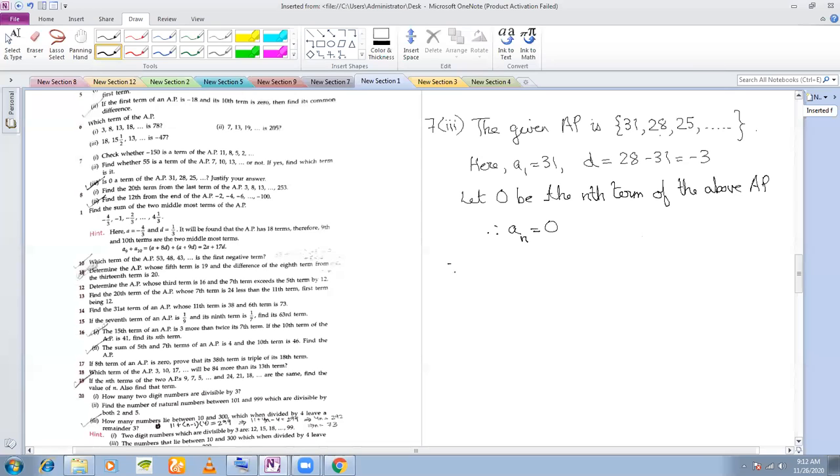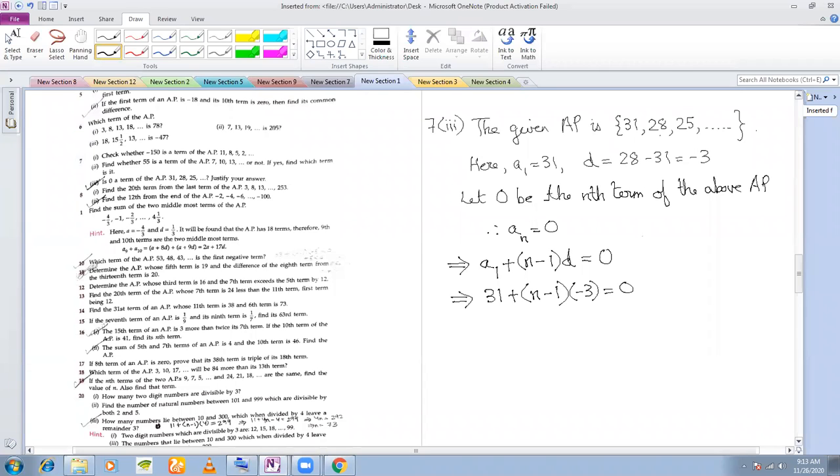If an is equal to 0, what is the formula for an? A1 plus n minus 1 into d. This must be equal to 0. Now what do we know? We know a1, and d is minus 3. We have to find out whether n exists. That means we are getting an equation in n.